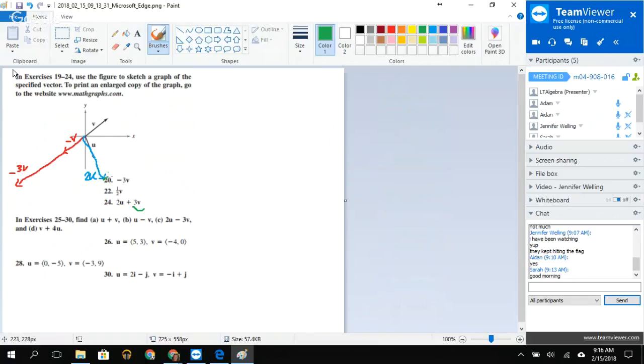We want to go up 1v, and then another v, and then another v. So I have 2u plus 3v, and my vector would end up out here. That's not exactly where I drew it, but you get the idea. This would be 2u plus 3v.